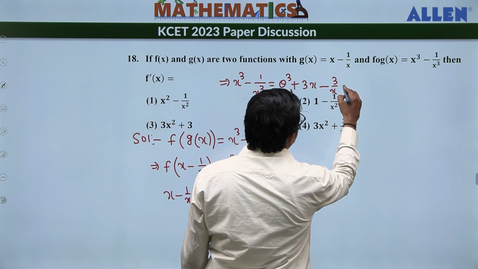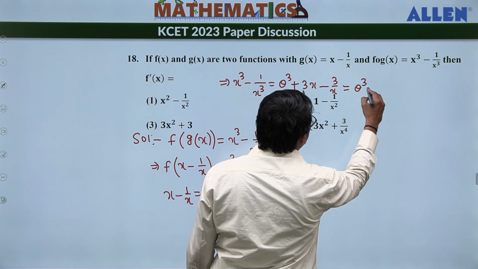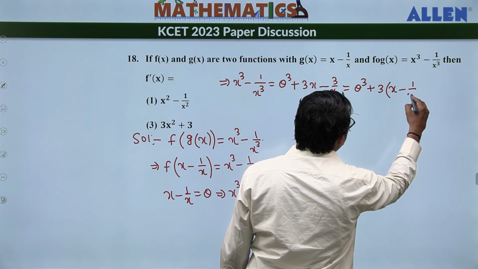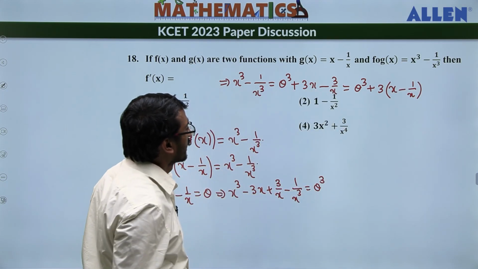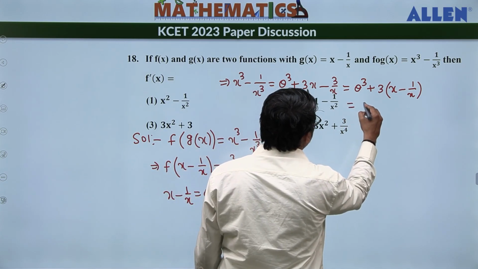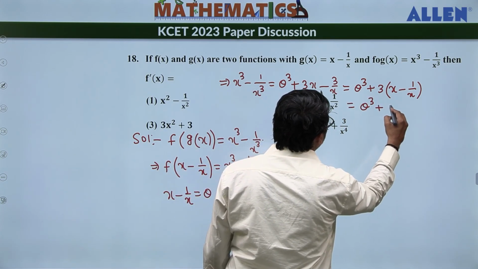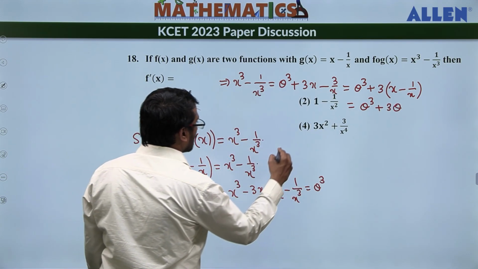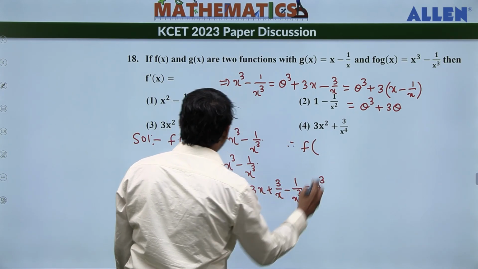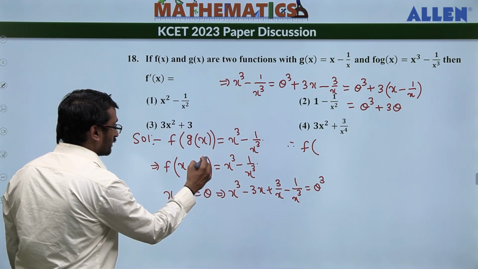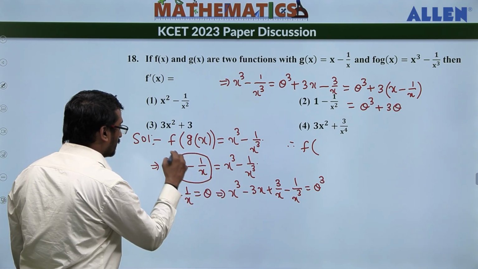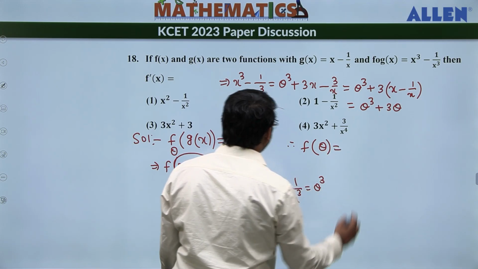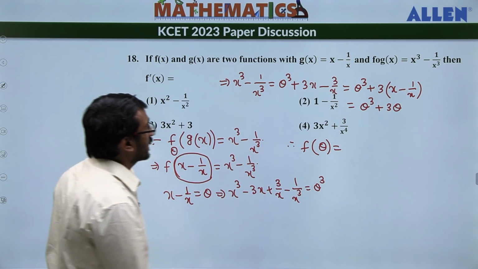So, theta cube plus 3 into x minus 1 by x, so theta cube plus 3 theta. So, this is theta now, f of theta, the right hand side is theta cube plus 3 theta.